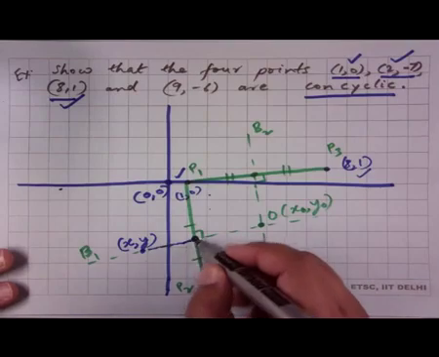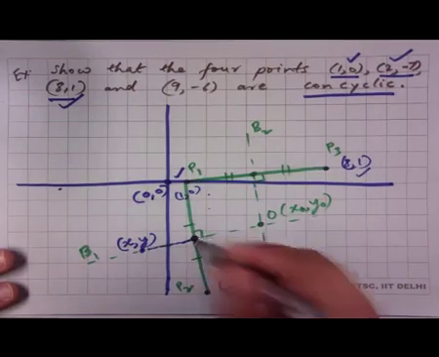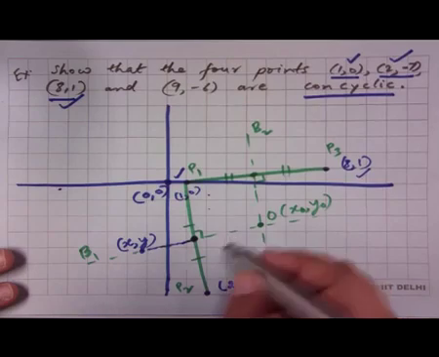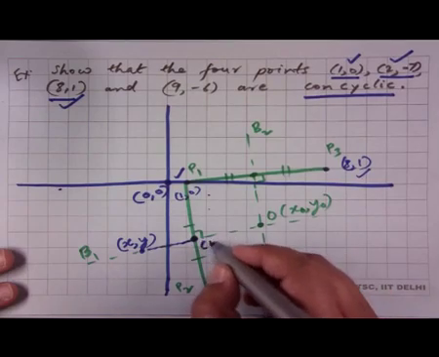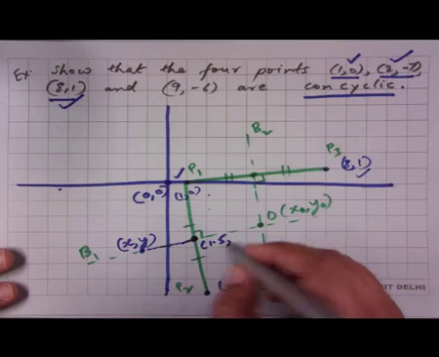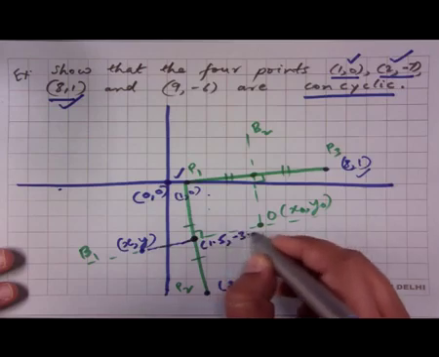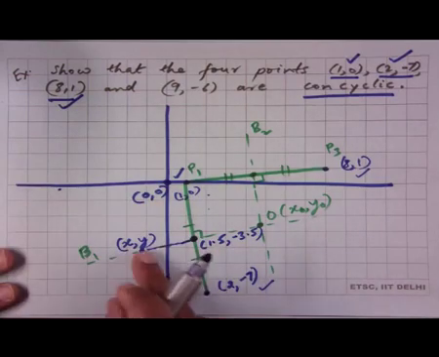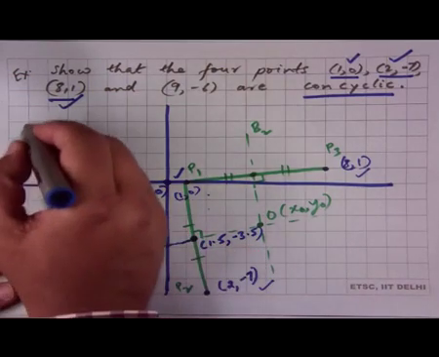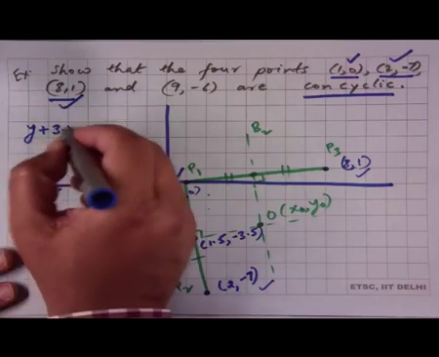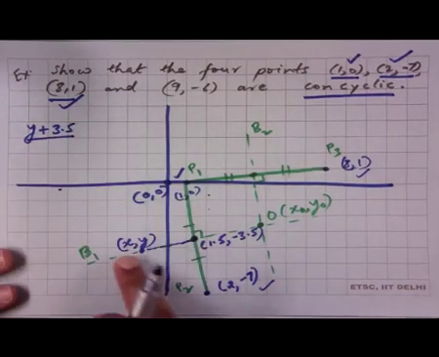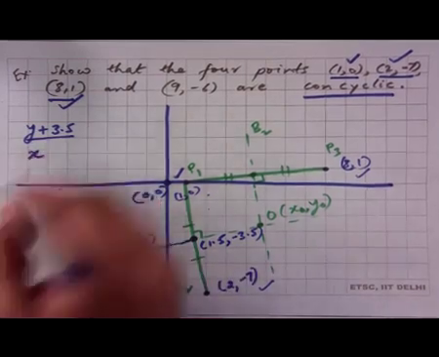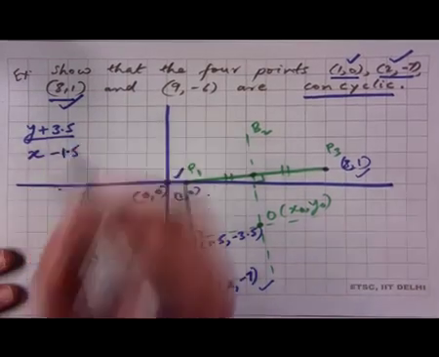So, the midpoint of this chord here is (1.5, minus 3.5), and therefore, the slope of this perpendicular bisector is y plus 3.5 over x minus 1.5.